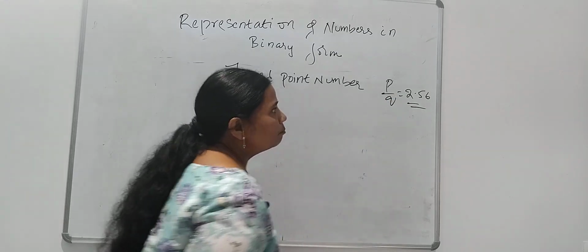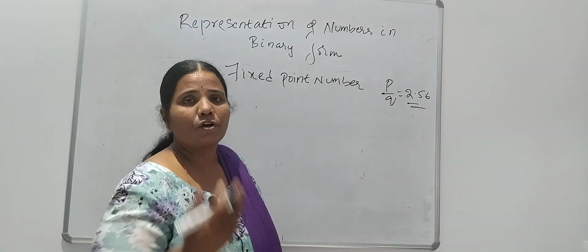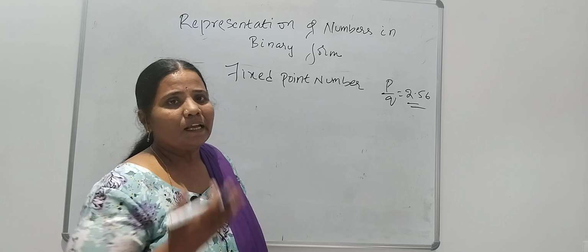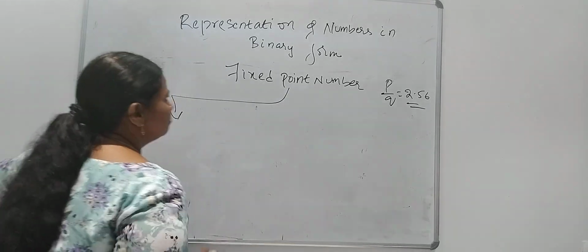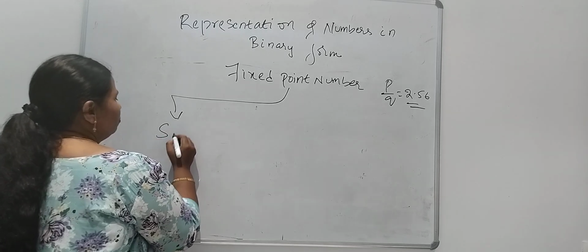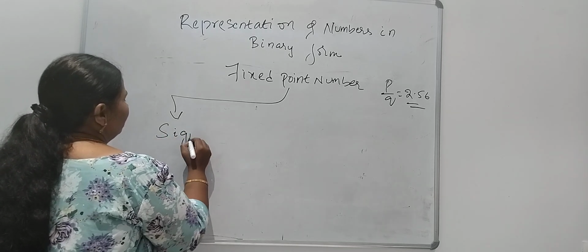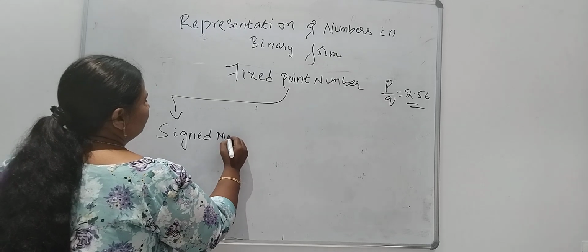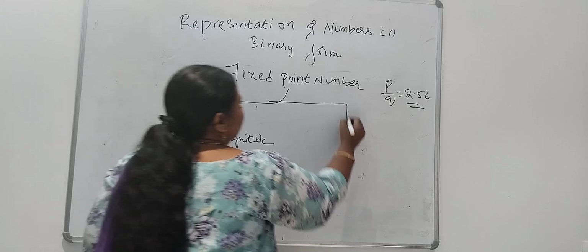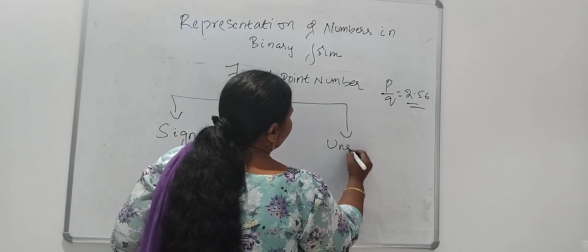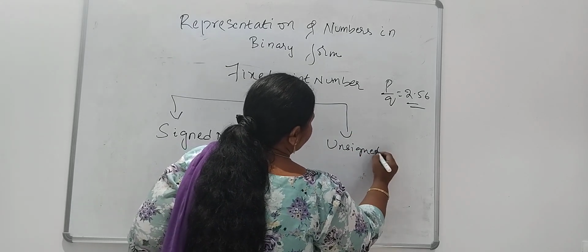So here the point, if you are not moving either towards right or left, that is called a fixed point number system. Whenever we go for fixed point number system, we have two types: one is signed magnitude number, another one is unsigned magnitude number.